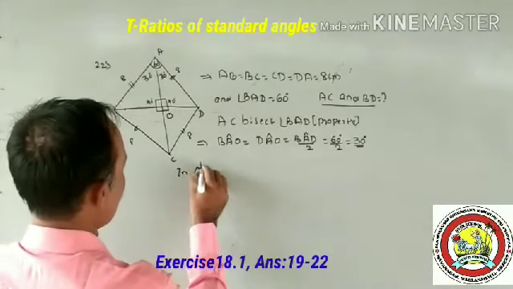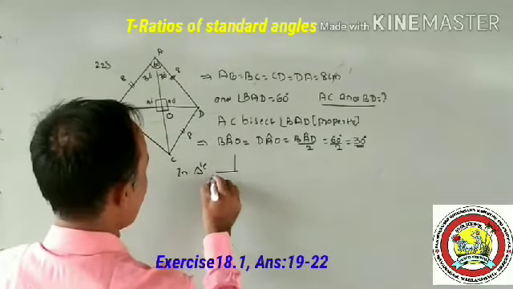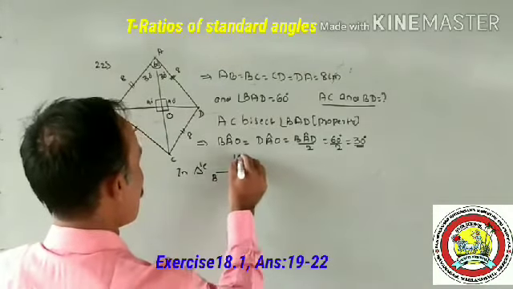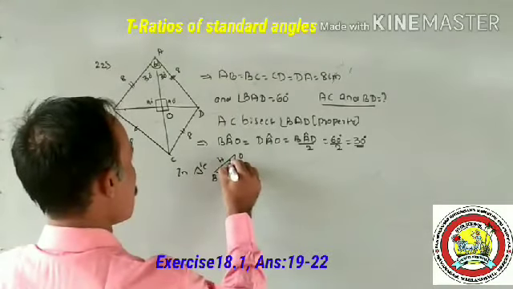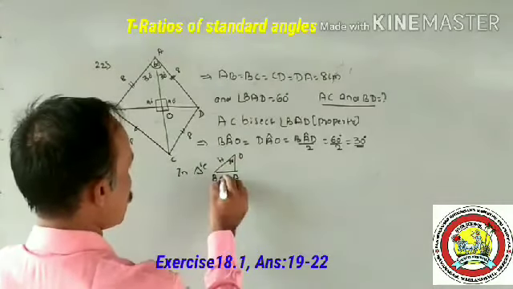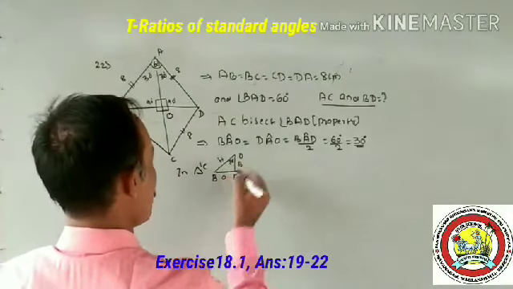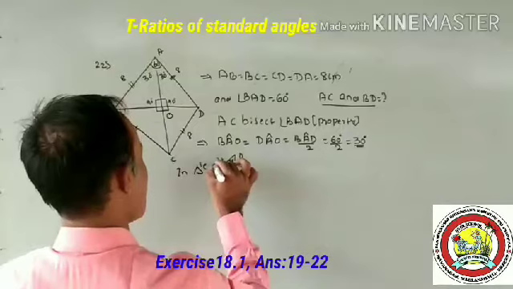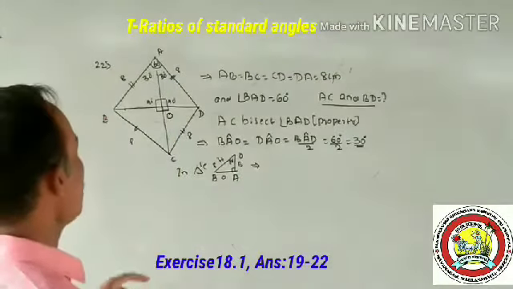In the right angle triangle BAO, this is the hypotenuse. What about this angle? 30 degrees. So this side is opposite, and this is the base. This length is given. Consider any one.